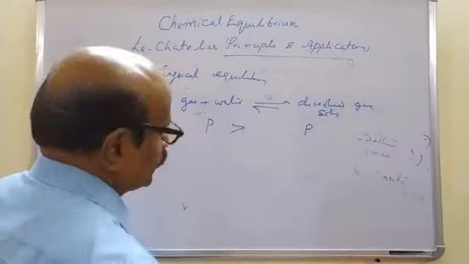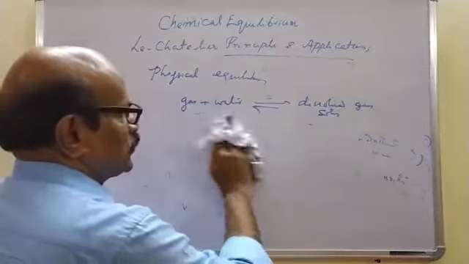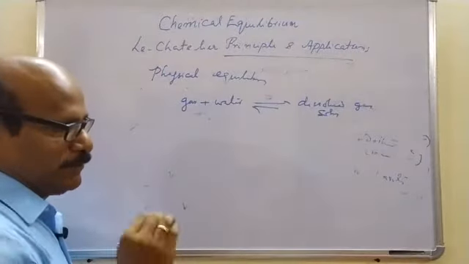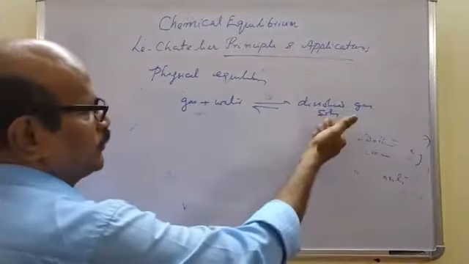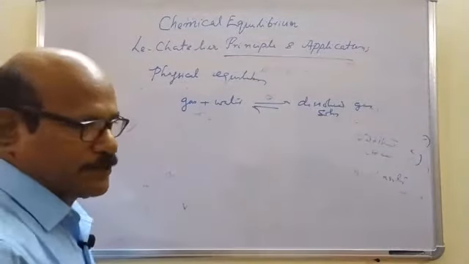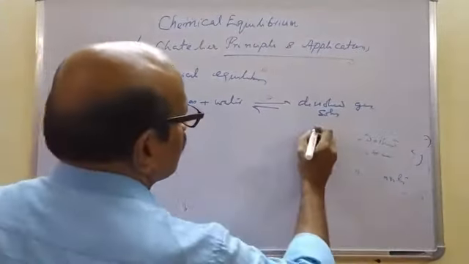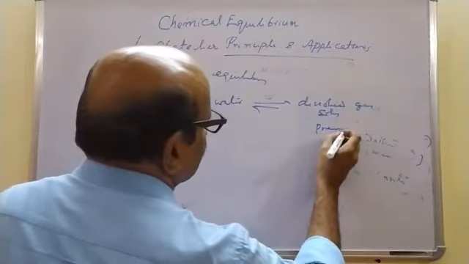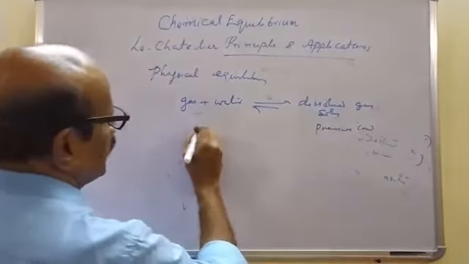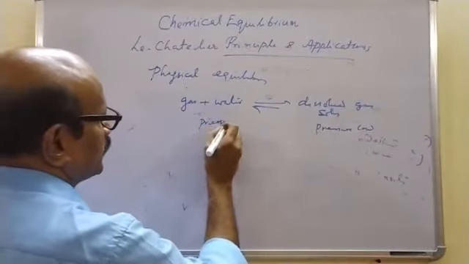So any gas in the free state has high pressure, but when it is dissolved in water to form a solution, it is accompanied by decrease in pressure. So pressure low here, pressure high here. So what is the effect?